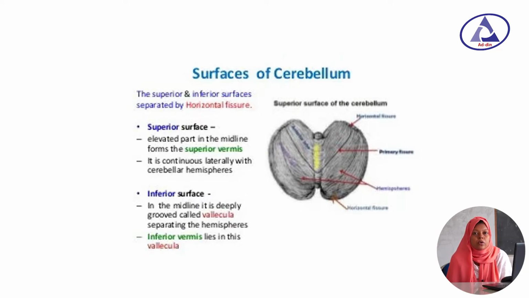Superior surface is convex in outline, but the inferior surface is usually flat and there is a median vermis in the superior surface by which the superior surfaces of both cerebellar hemispheres are connected. In the inferior surface, the both cerebellar hemispheres are not connected due to the presence of a deep groove called vallecula. In this vallecula there is inferior vermis present.